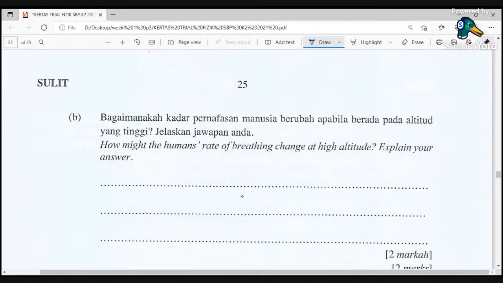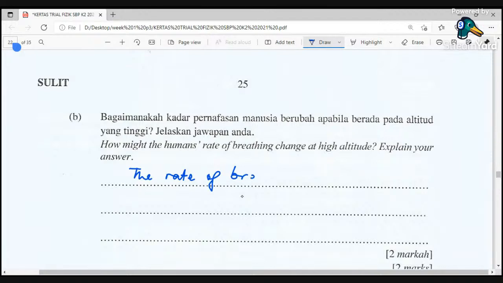Okay, so we need more air. That's why we need to breathe harder. Okay, so the rate increases. Reason.